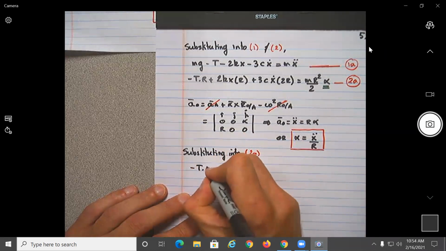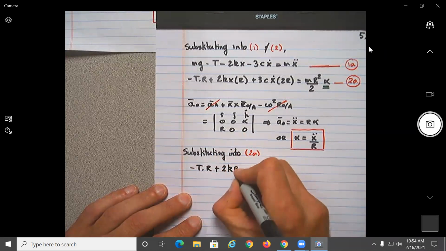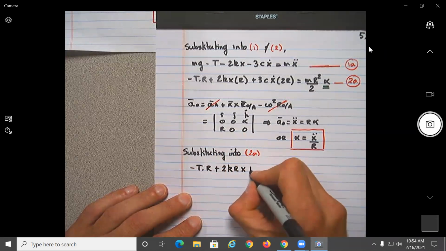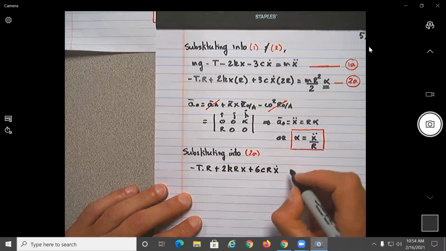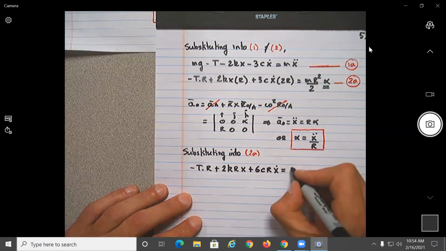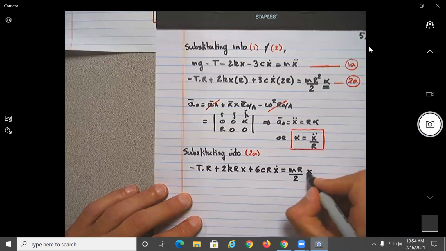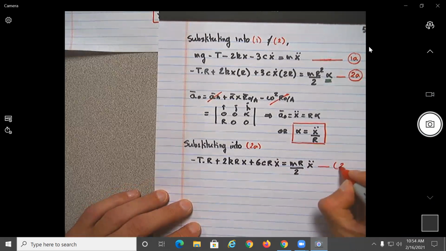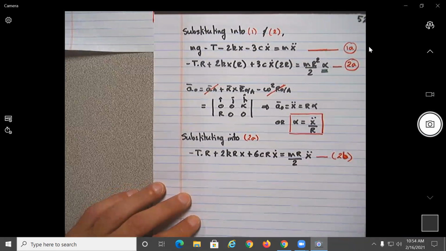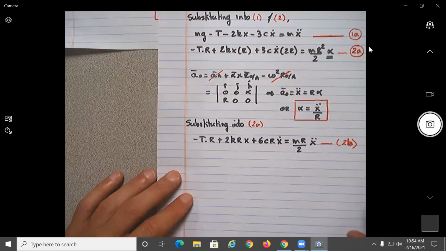Minus TR plus 2KRX plus 6CRX dot equal to MR over 2 x double dot. Okay, we're not going to finish it today, but let me just write 2 more lines.